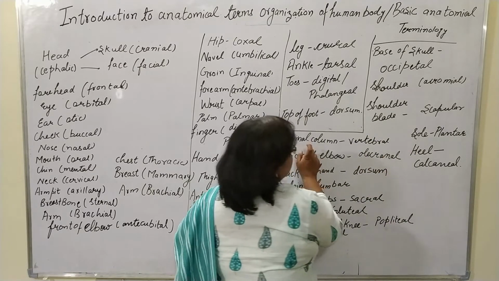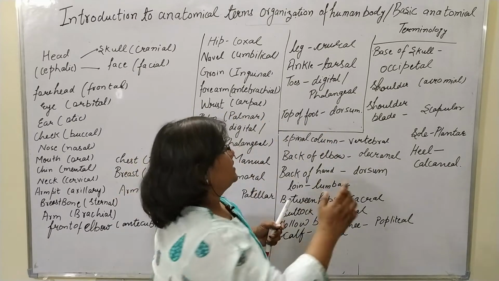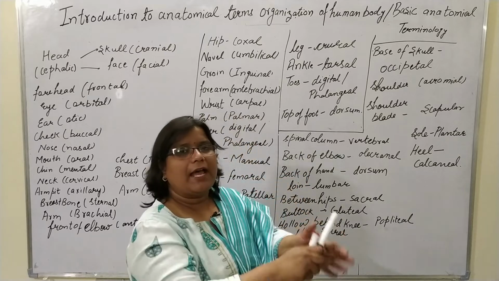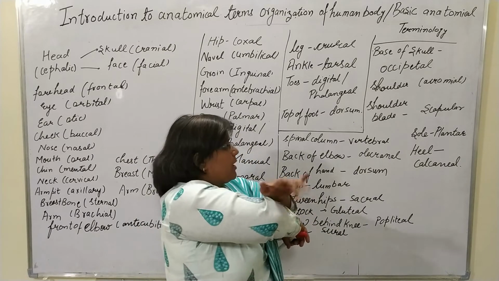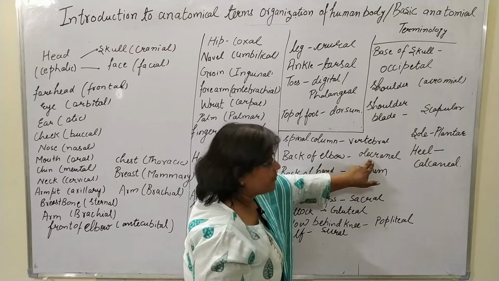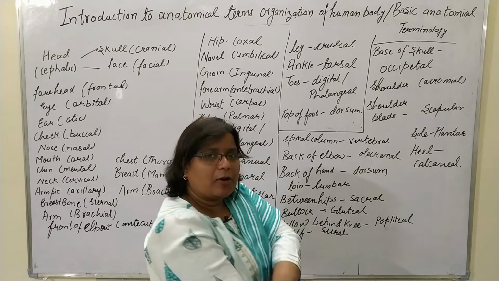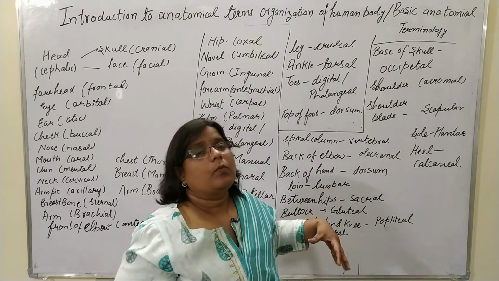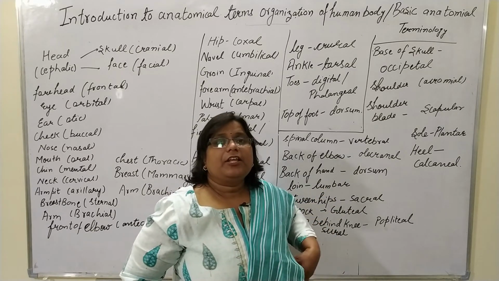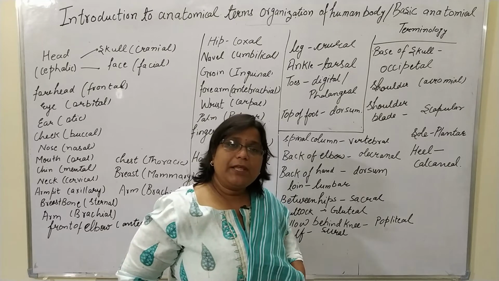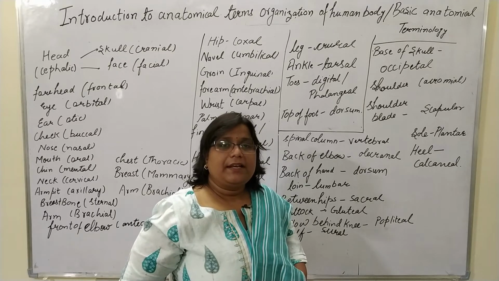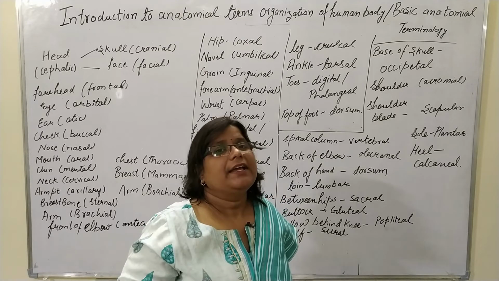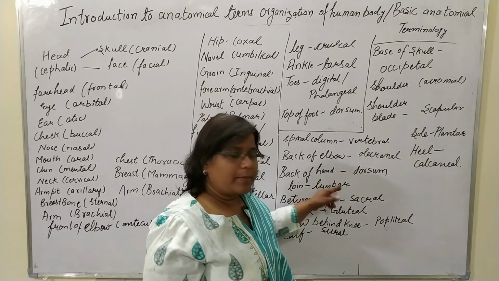Now the spinal column is vertebral, the back of the elbow is olecranal, the back of the hand is dorsum, and the loin is lumbar. What is the loin region? The loin region is the region between the abdomen and the thigh, and that is the lumbar.